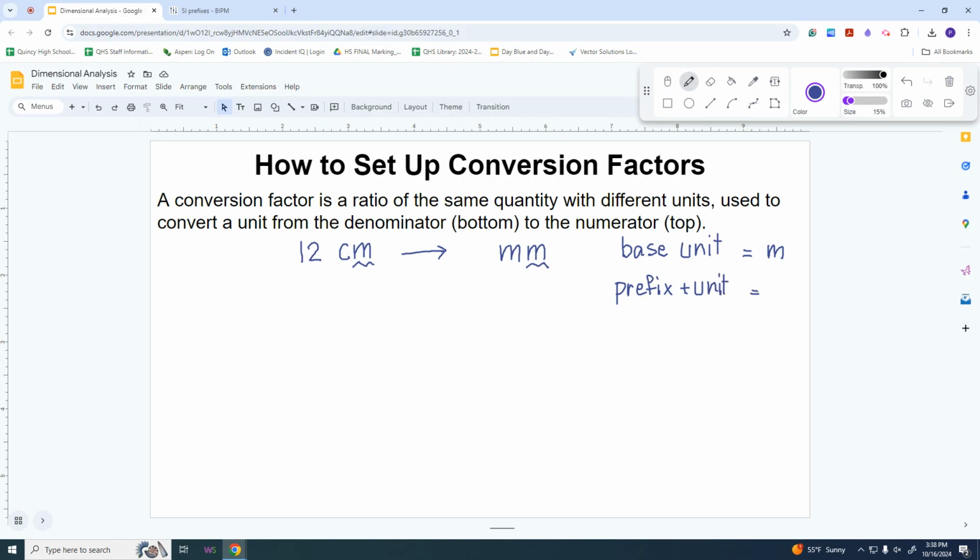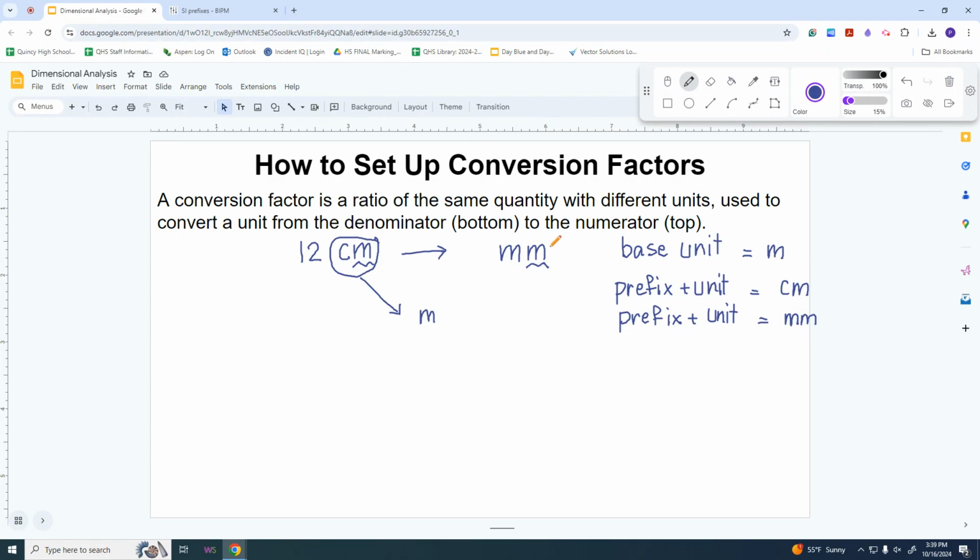One is cm and the second one, prefix plus unit, is mm, okay? So you're not converting from prefix plus unit to base. You are converting between two prefixes and units, okay? So in this case, you actually have to go through the base, okay? You have to go through the base.